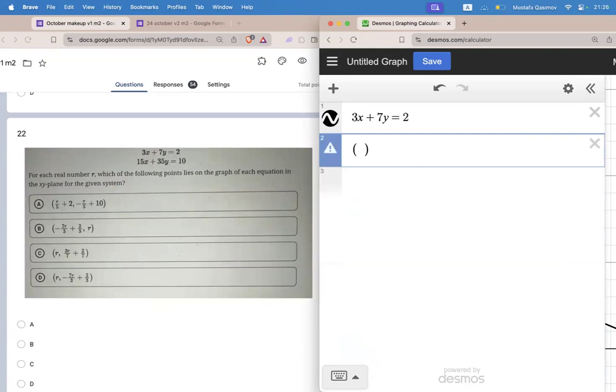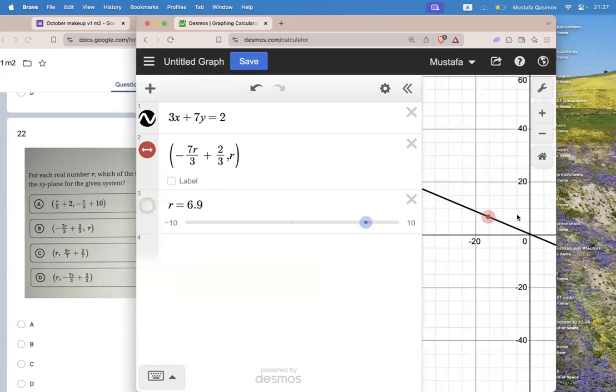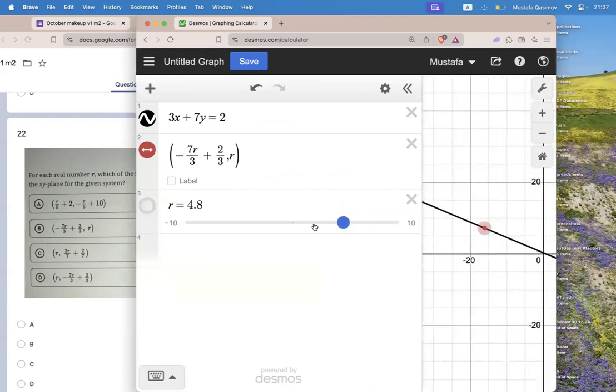Then you have to check all the options. Let's check option B, 7r over 3 plus 2 over 3 and r, like this. Then write some value instead of r. You can see that it is on the graph, right? So it means it's correct.